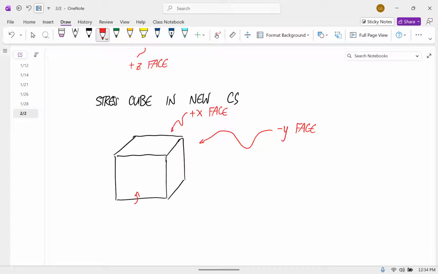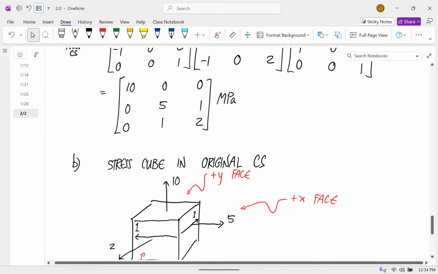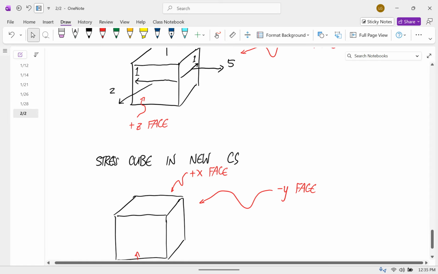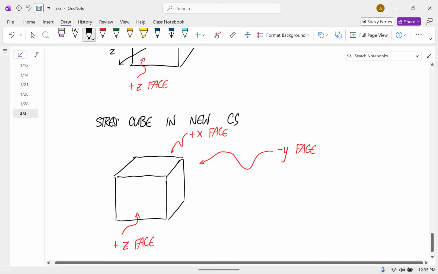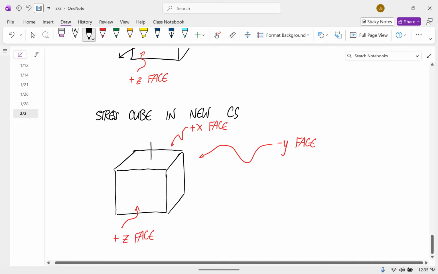And then this one is the positive Z face. Okay. And using the components that we calculated, on the positive X face, all we have is 10 in the positive X direction.